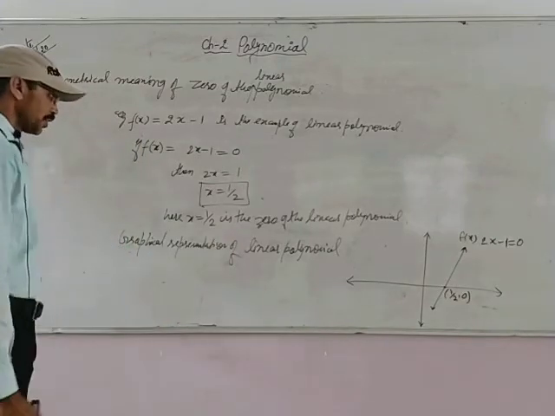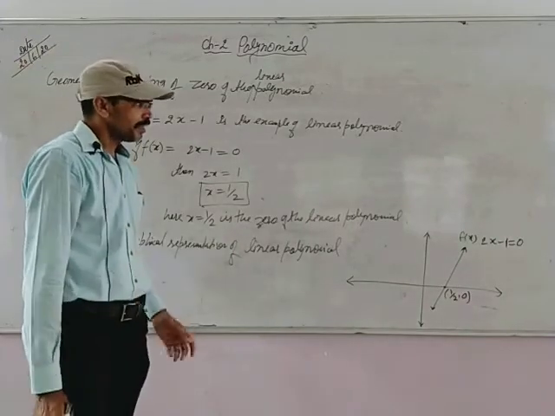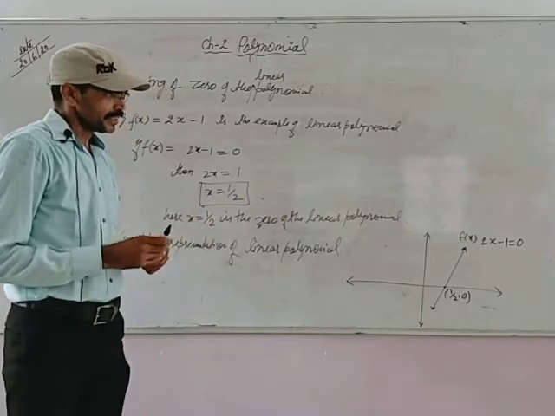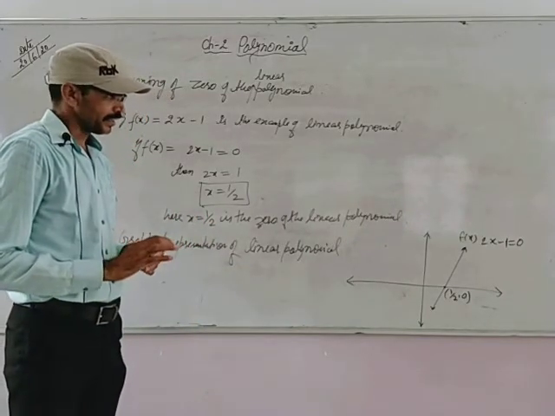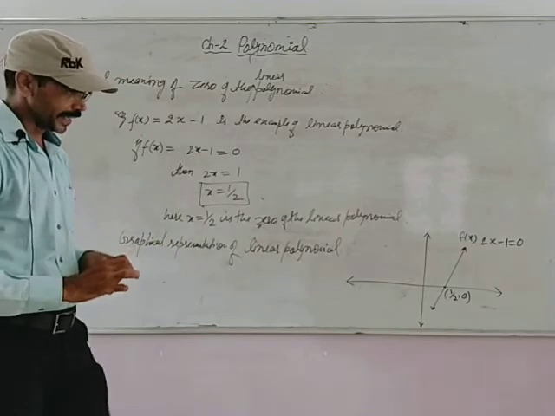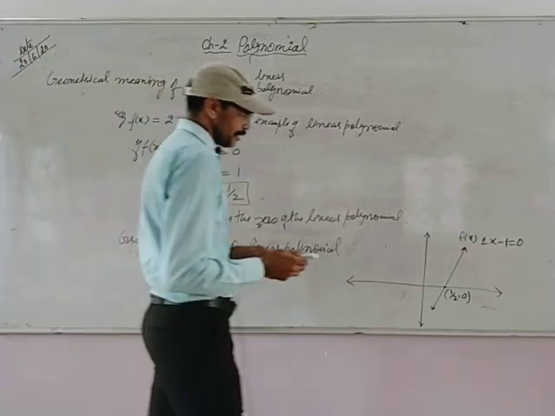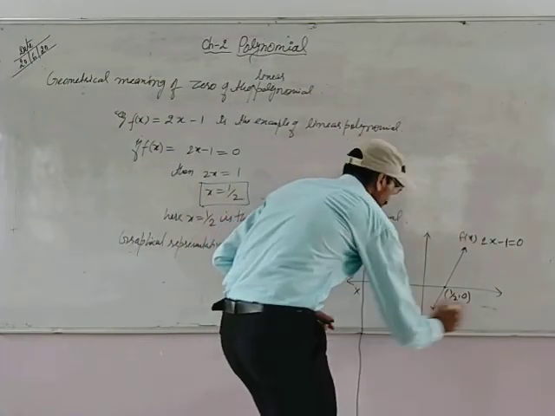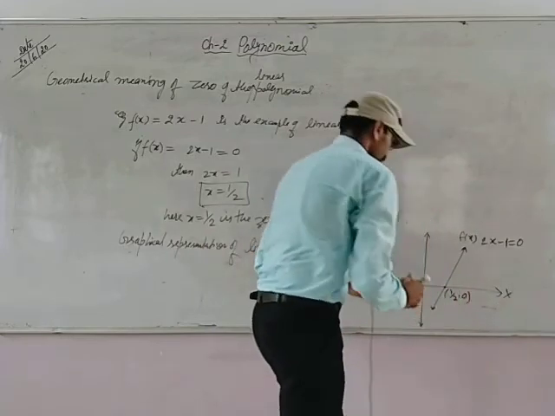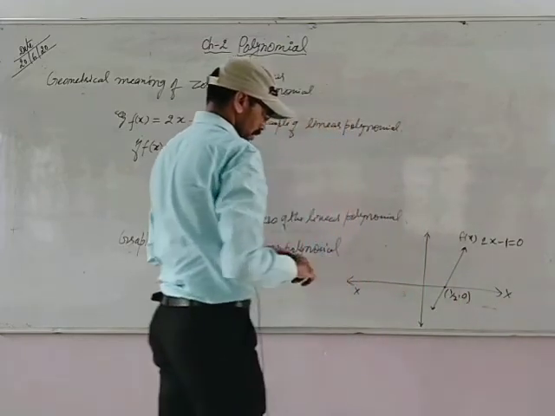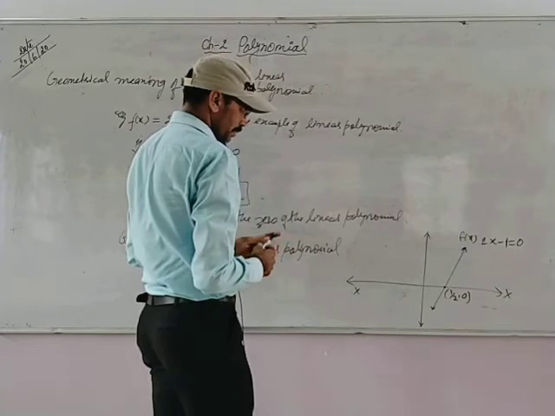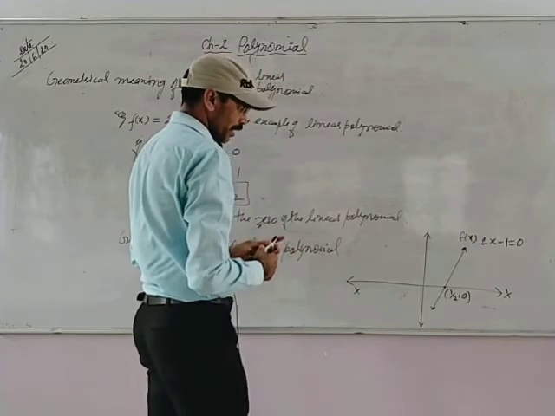The graphical representation of a linear polynomial represents a straight line and intersects the x-axis at one point. So it has only one zero.